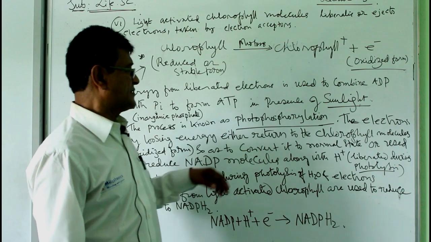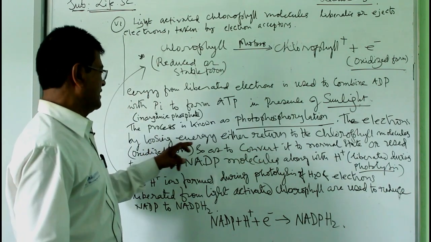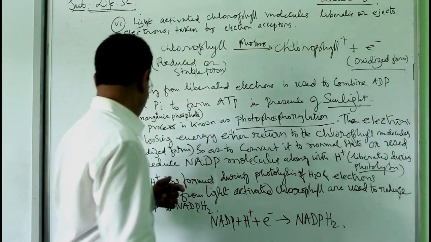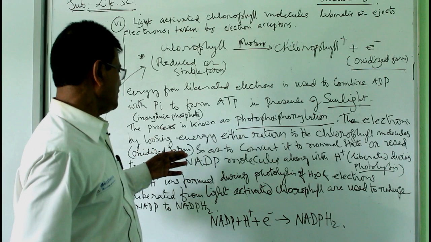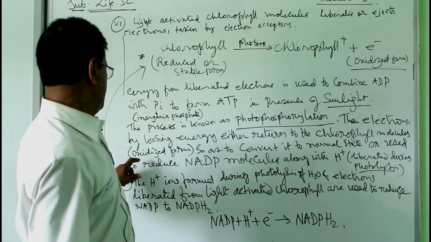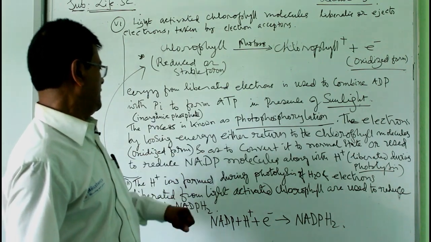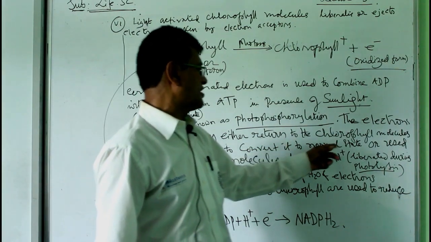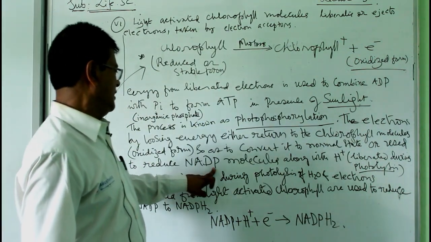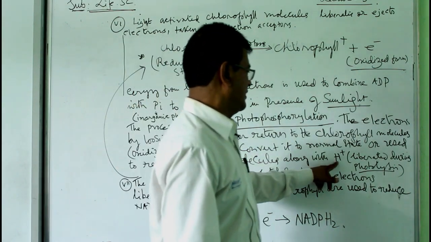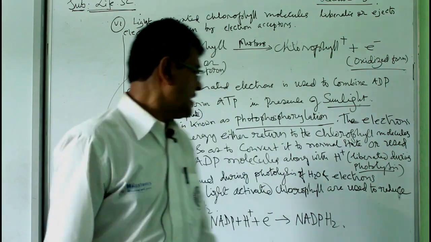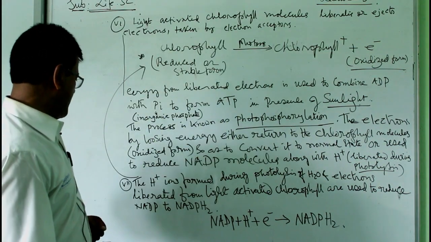Photophosphorylation. The electrons, by losing their energy, either return to the chlorophyll molecules to convert the oxidized form to the normal state, or are used to reduce NADP molecules along with the hydrogen liberated during photolysis.